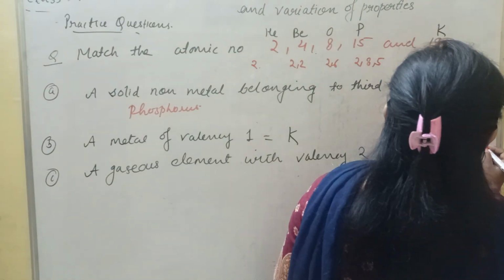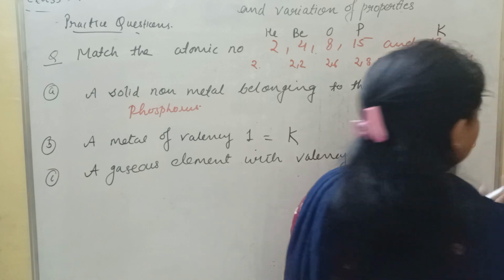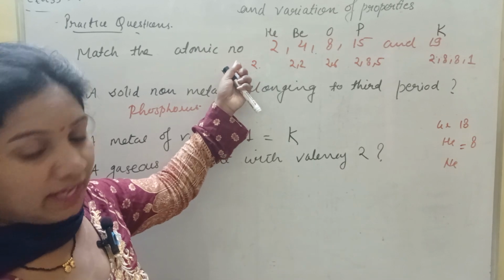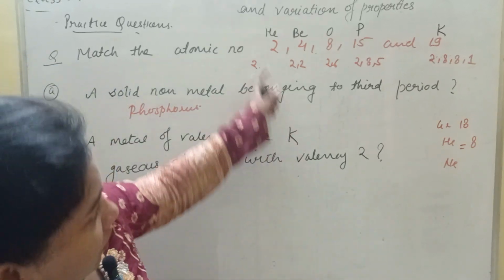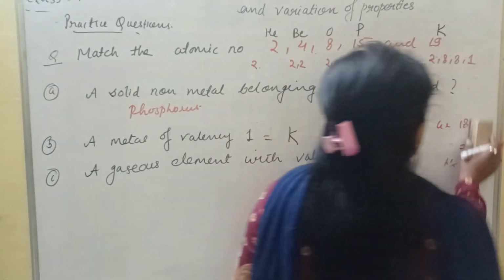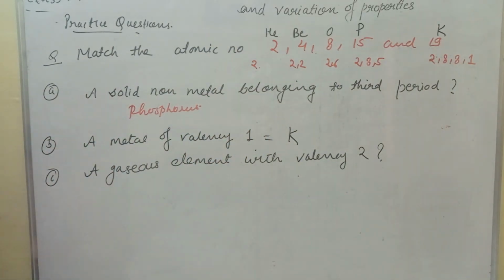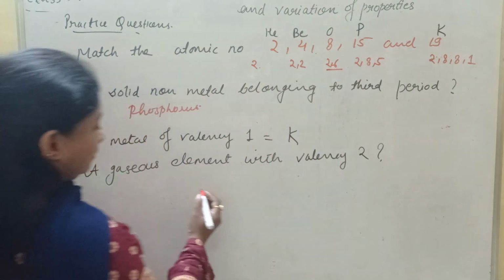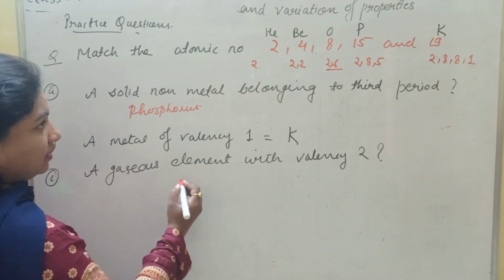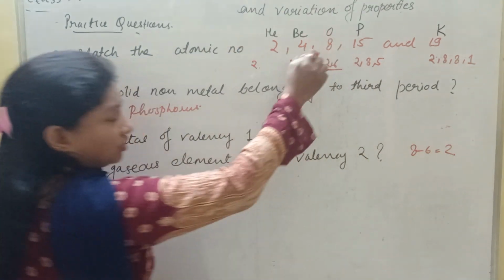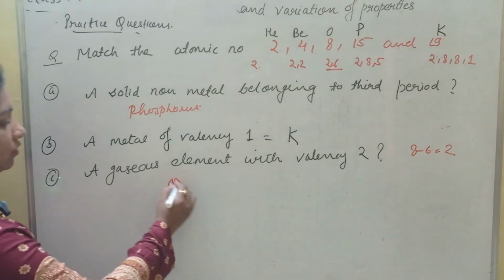So this will not be the answer. Then what is the answer? Let's see oxygen. The valence electrons for oxygen are 6, so valency is 8 minus 6, that is 2. And oxygen, we all know, is a gas. So the answer is oxygen.